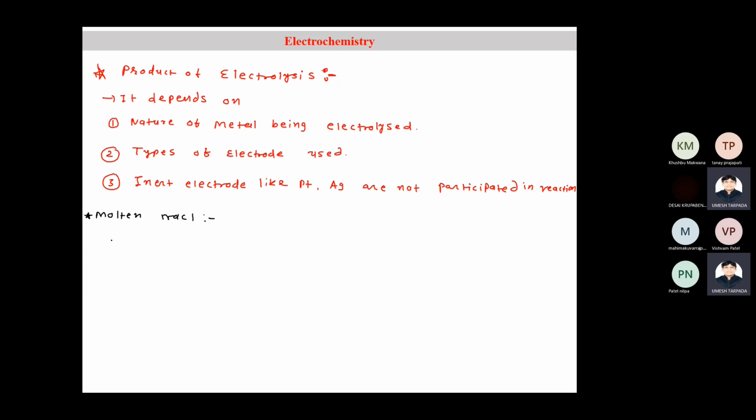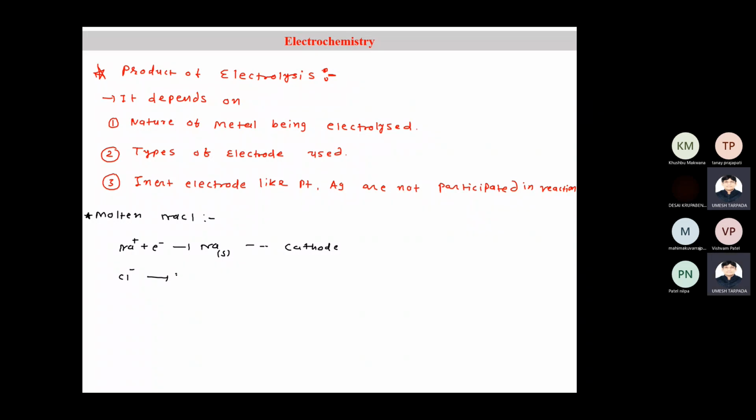So the cation always undergoes reduction, and it takes place at the cathode. Na plus gains one electron and gives sodium metal. Cl minus, in the minus one state, loses one electron.